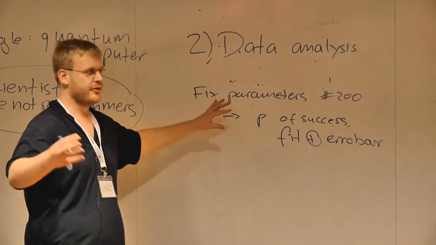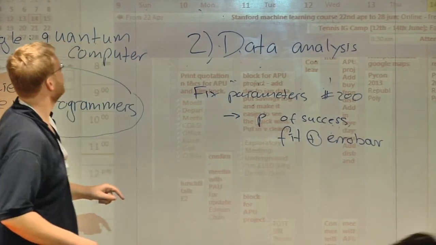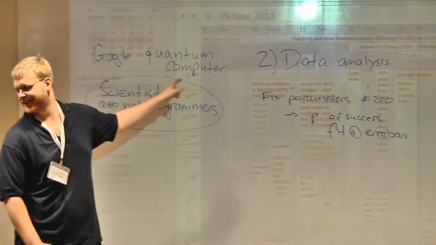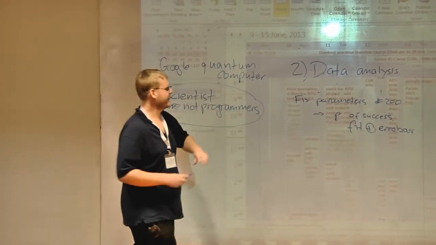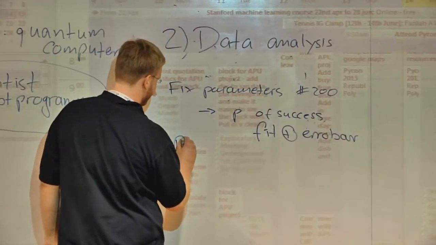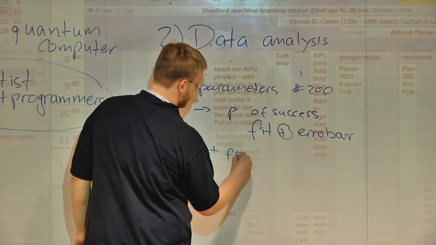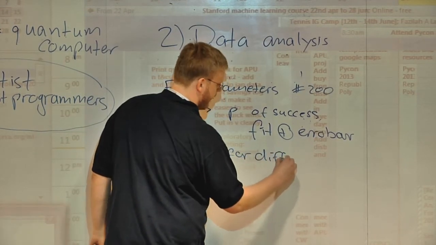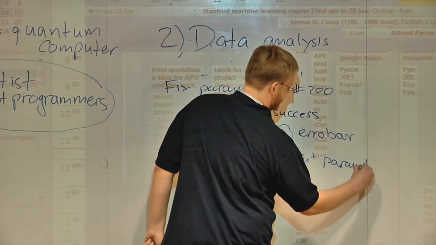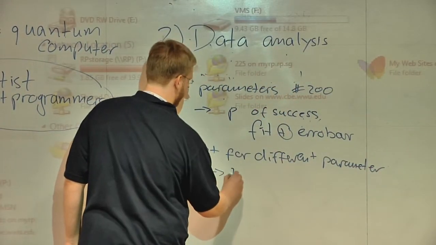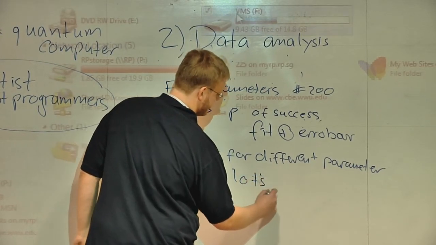The next step is we vary those parameters, and we get another probability of success. And then we repeat this for different parameters, which means we get lots of these probabilities.